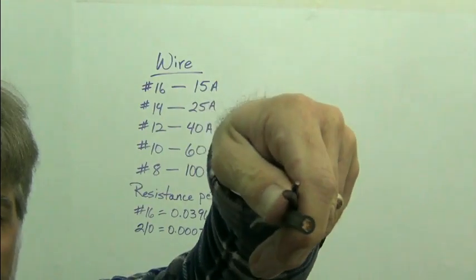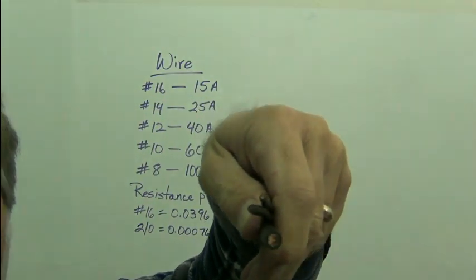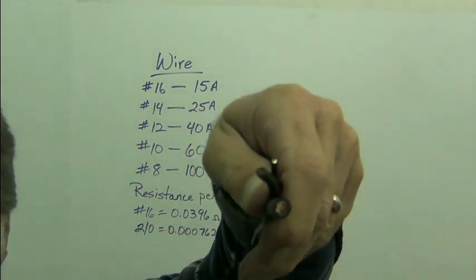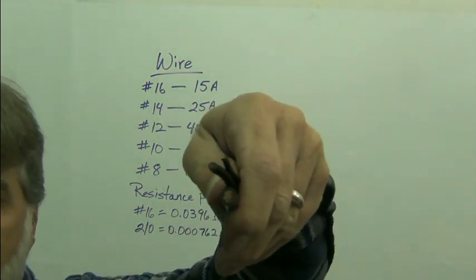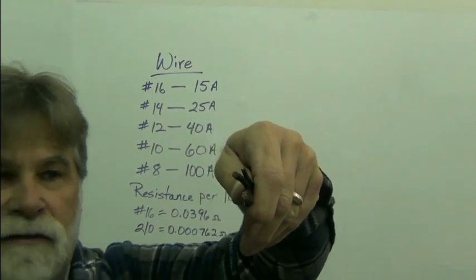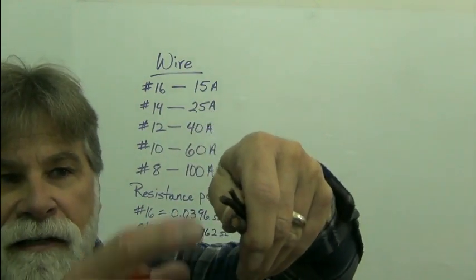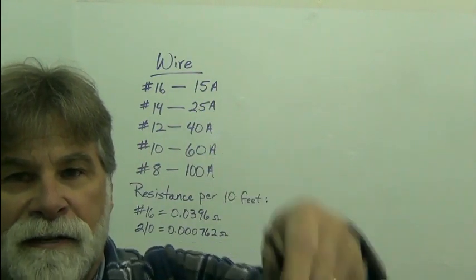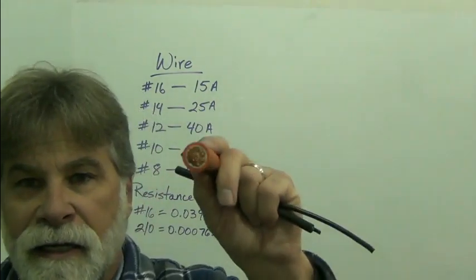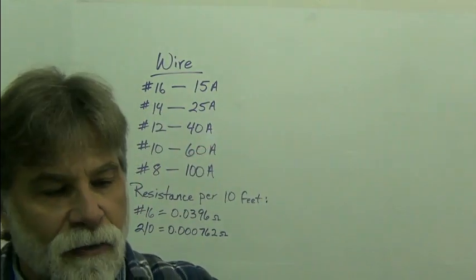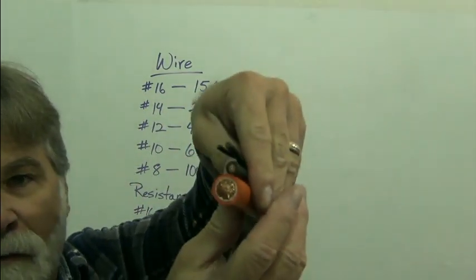So you can see that the lower the number, the larger the diameter, larger the gauge. So 6 gauge, bigger than 10, bigger than 14. And this, of course, much larger.